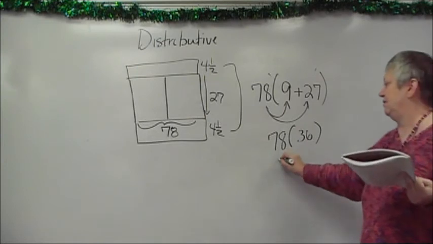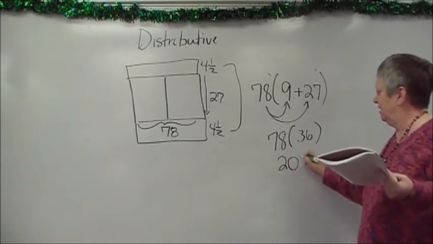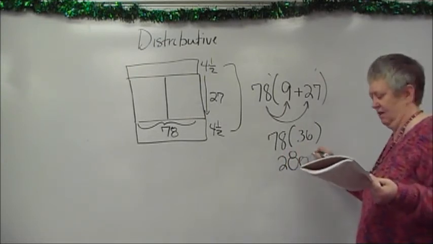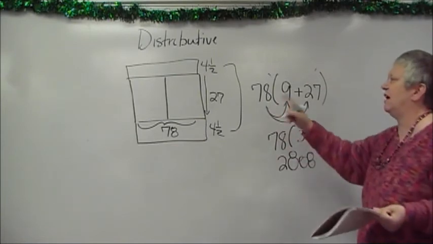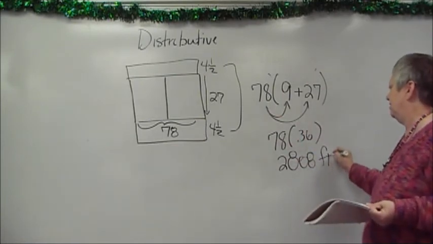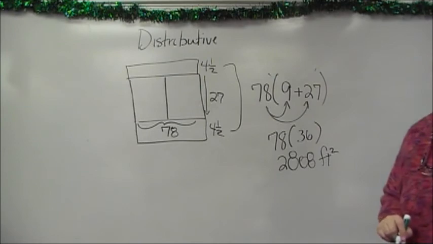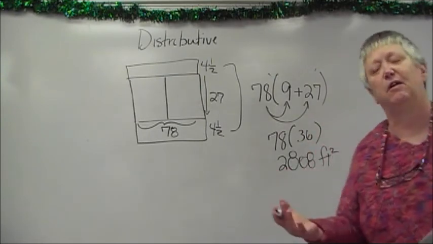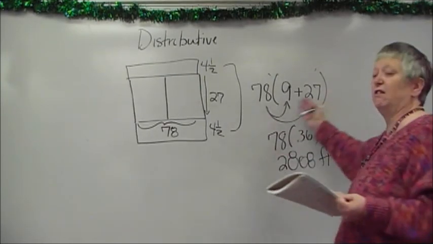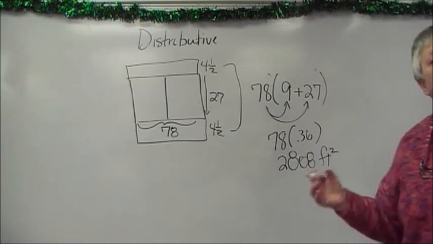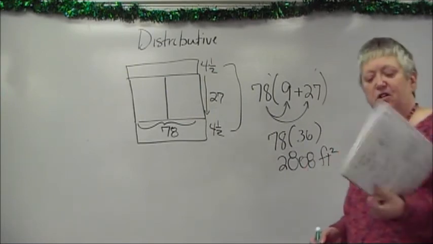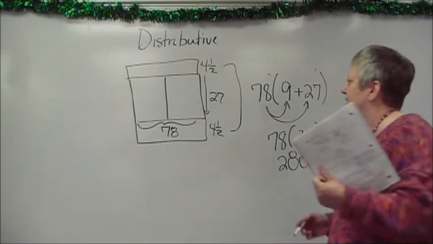And hopefully, with your calculator, it says 2808. And since these were in feet, it would be feet squared. So you could break things down into parts. You don't have to use a calculator all the time to do the whole problem. You can just do it with each of the smaller ones.